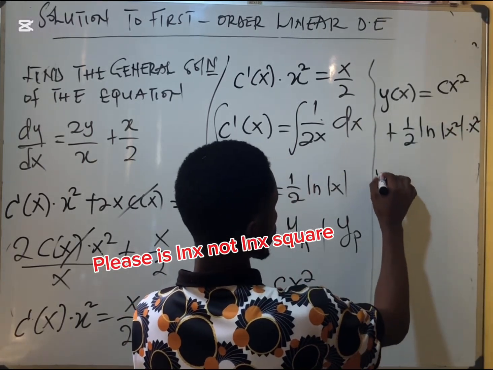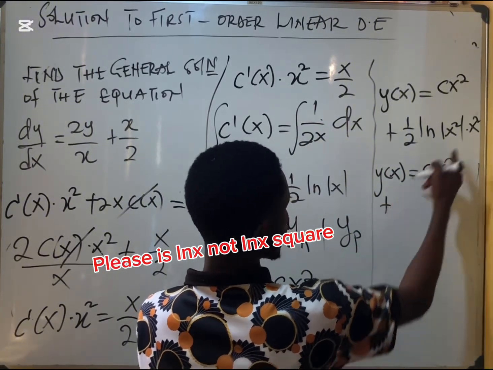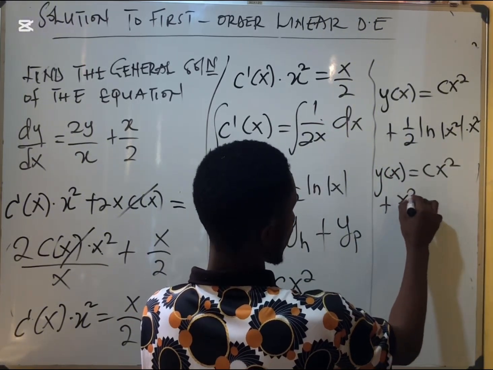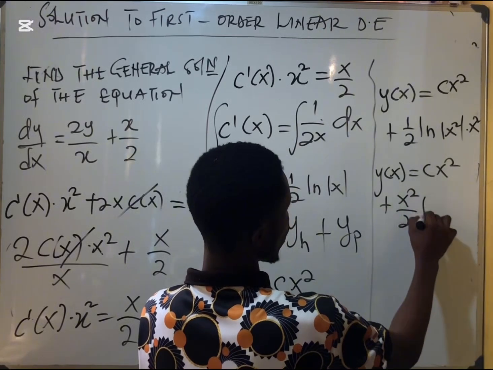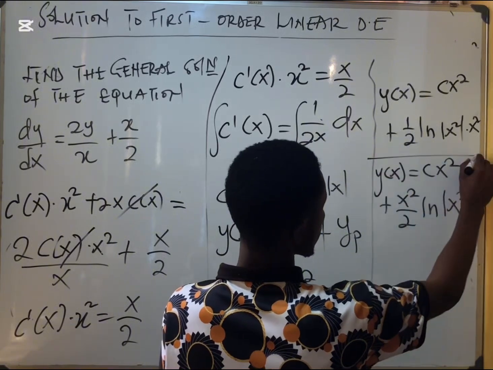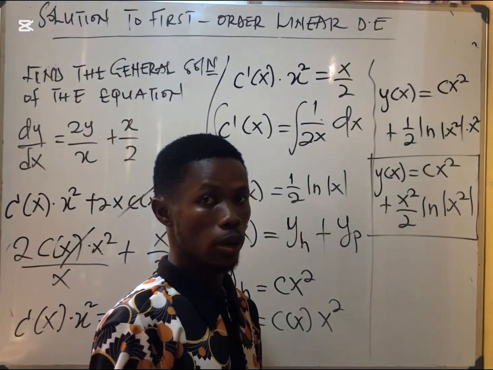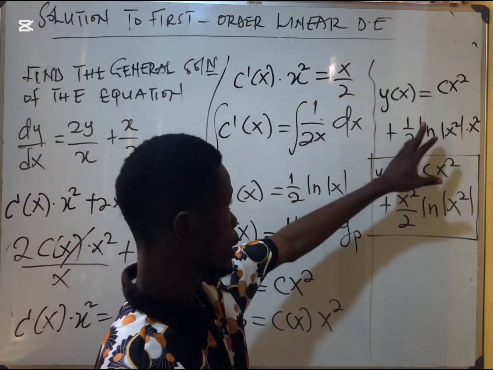So I can write this as c x squared plus this multiplied by that, which will give us x squared over 2 ln x. This becomes the final answer to the question.